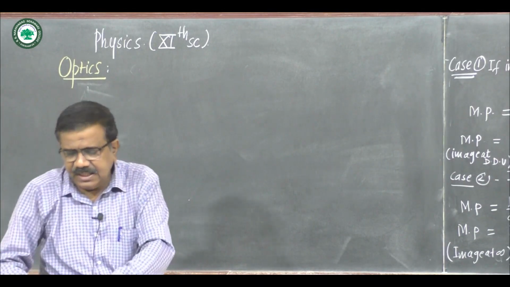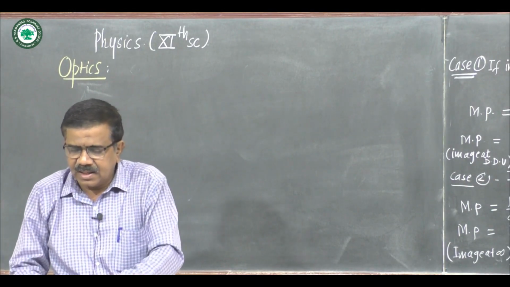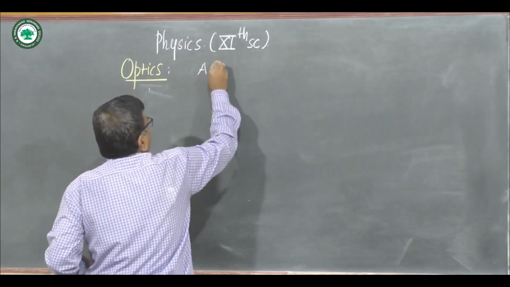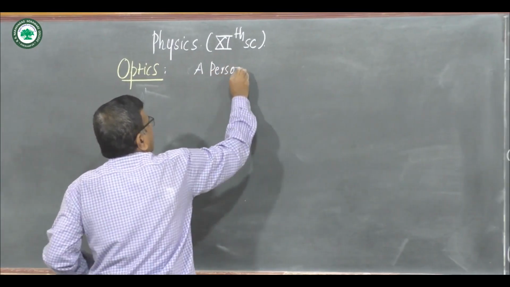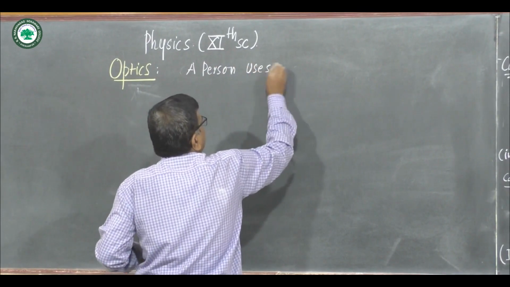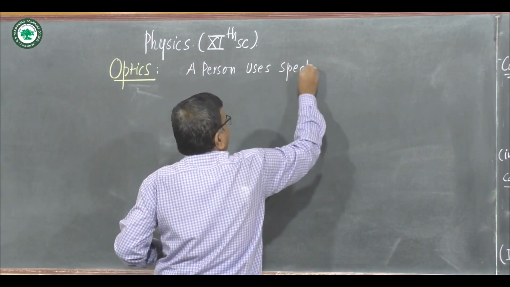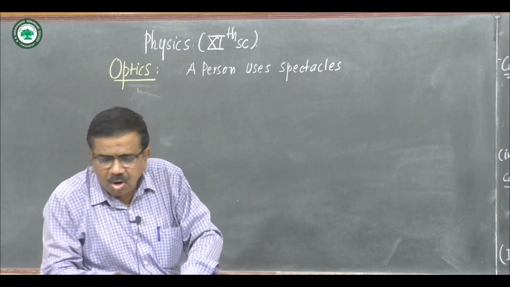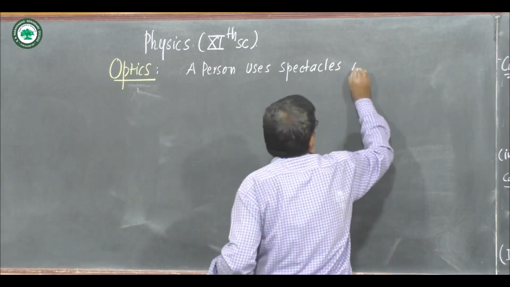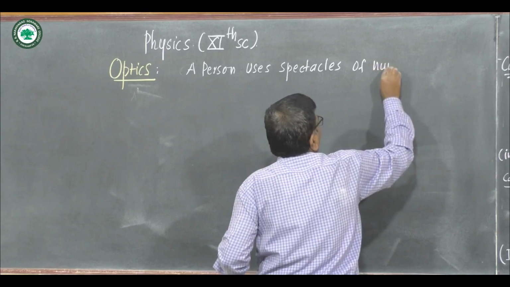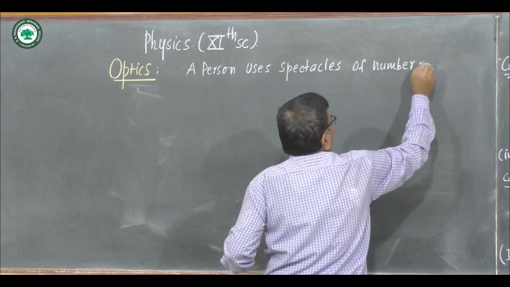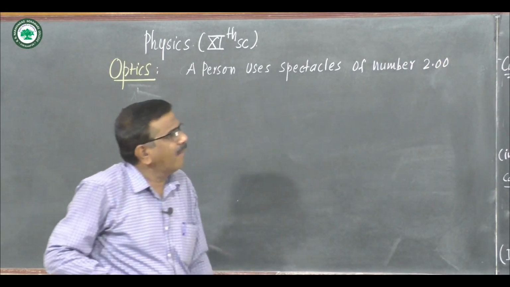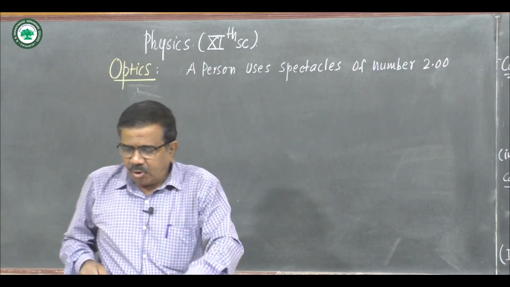See the numerical based on this. A person uses spectacles of number 2.00, that is, a power of 2 diopter, for reading.